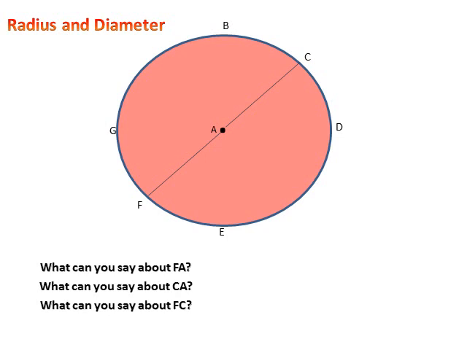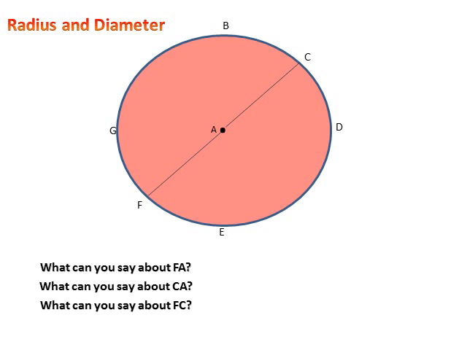Now, how about the line FC? Points F and C are points on the circle, and if you connect those points, they pass through the center A, so that is also called a diameter.